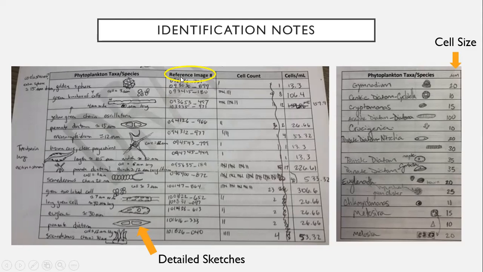And the reference image I mentioned before, you can use the camera to take a picture of these images or of the species, so you can refer back to them later. But yeah, little notes, you want to also note the cell size, so you can confirm that genus or species falls into that size category. Just another way to help you identify them.